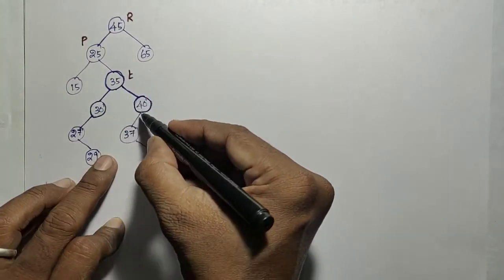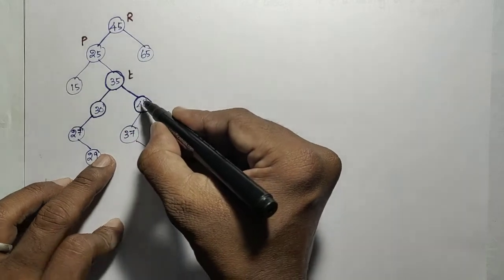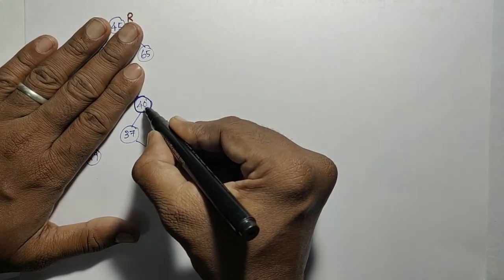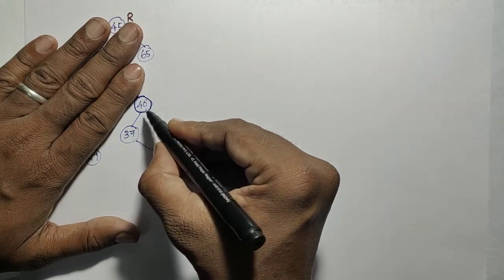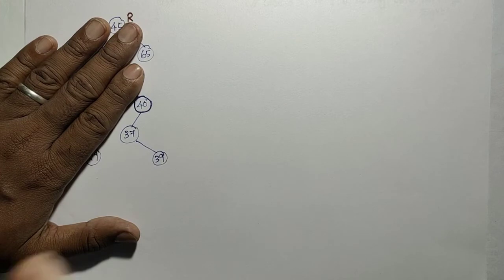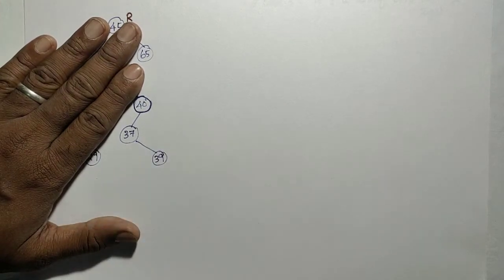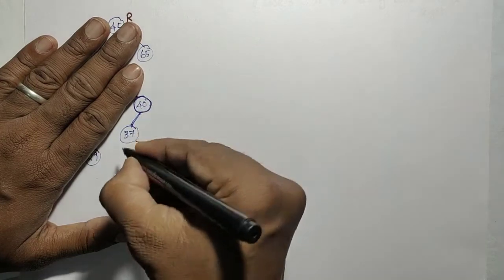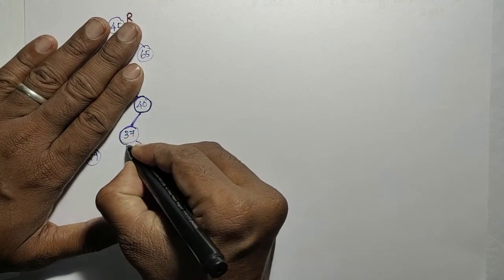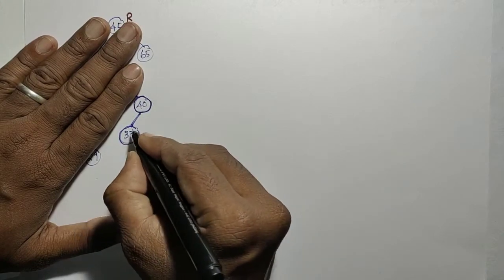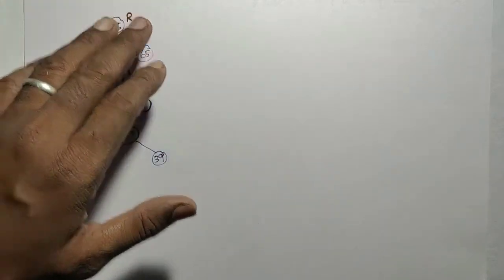How can we find the leftmost and rightmost? I need to start from the root. The right subtree root is 40. Start from the root and keep on searching on the left side. The node whose left is null will be identified as the leftmost. 40's left is not null, so go to the left side. 37's left is null, so it is identified as the leftmost element.